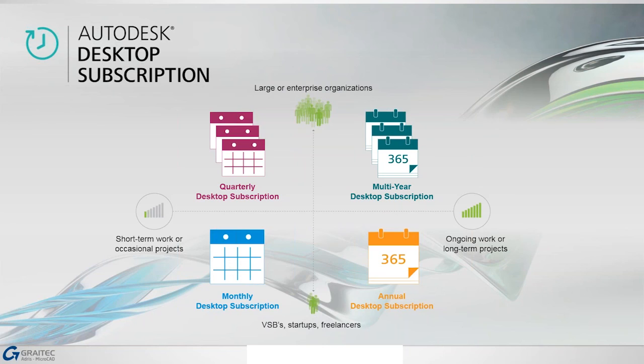And one real popular feature of having a desktop account is the home user license. So you can have a base at your office, and then if you need to carry on working in the evenings or at the weekend, you can have at no extra cost a home user license as well. So that is a desktop subscription, and that is the future of our ownership of Autodesk software and many other breeds of software as well.